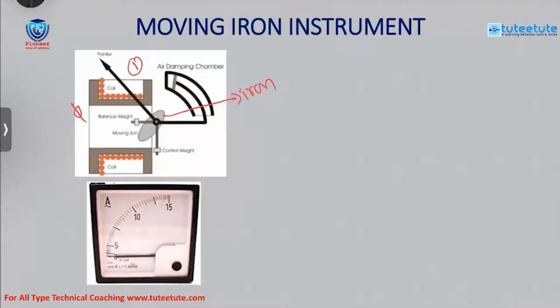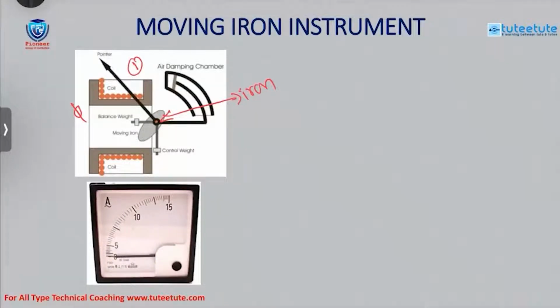We know that iron is a good metal which will be attracted to the magnetic field very quickly. You might have seen this in the laboratories also. Now what will happen is that the magnetic field created here is going to attract this small iron piece. The small iron piece is attracted by the magnetic field created by the measuring quantity.